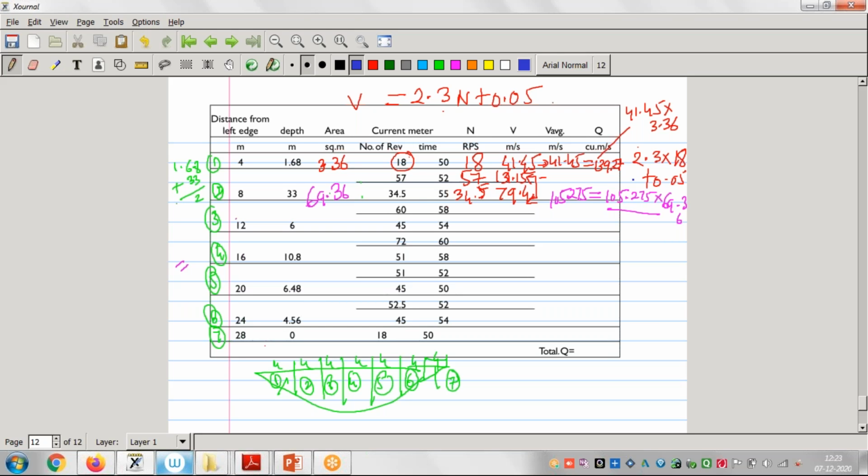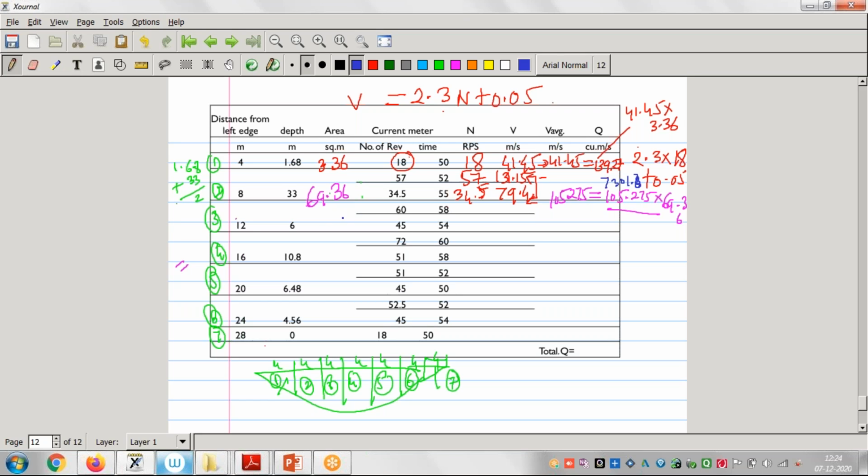How much are you getting? The discharge you will get is 7301.8474, correct. I will just write 7301 point whatever it is.